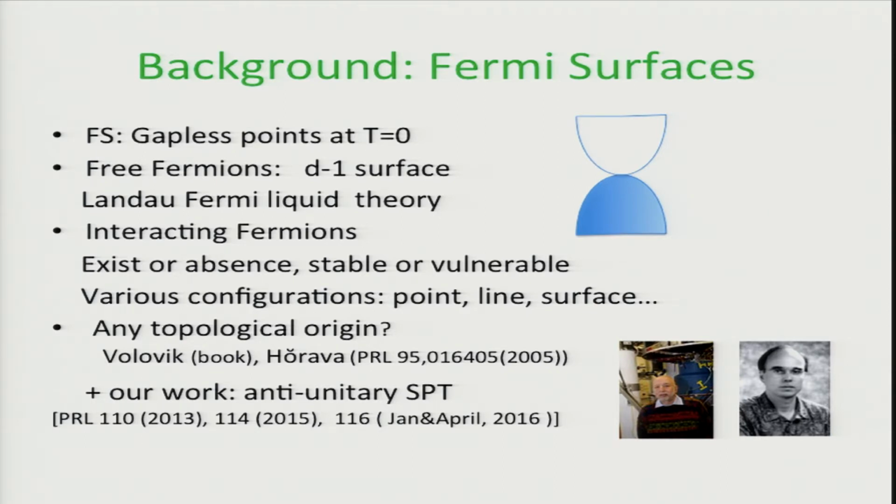Then we started to consider this using some ideas of Volovik. We try to consider symmetry protection. Most are anti-unitary, because these are robust against many kinds of weak perturbations. For this anti-unitary symmetry, we are normally quite familiar with time reversal, particle-hole, and so on.